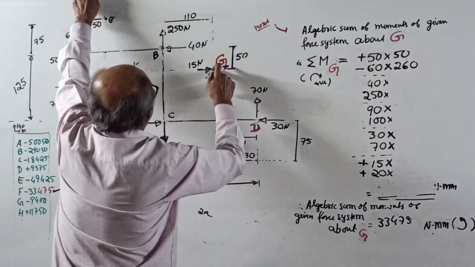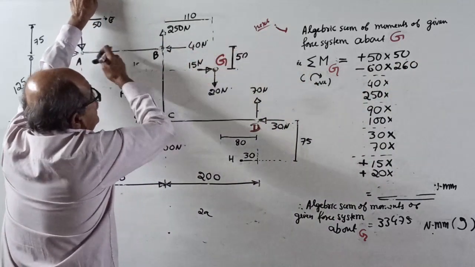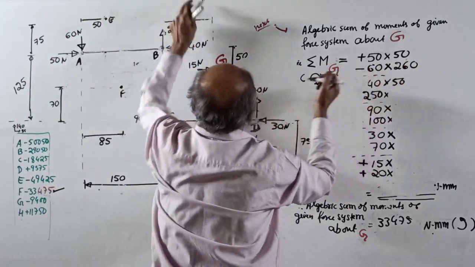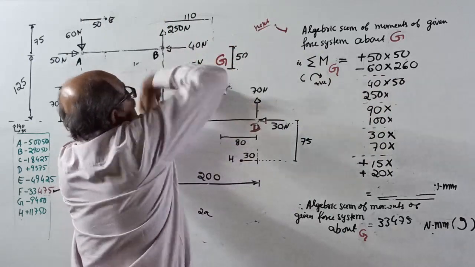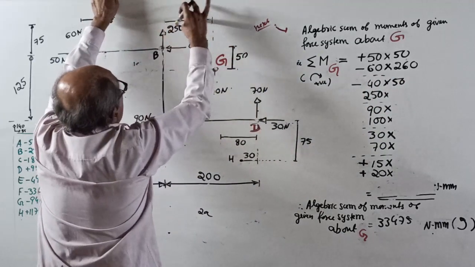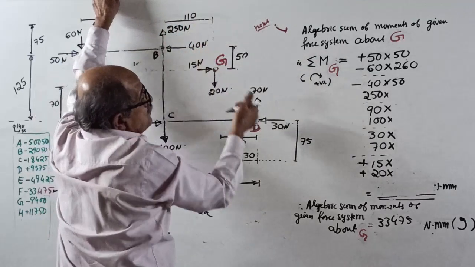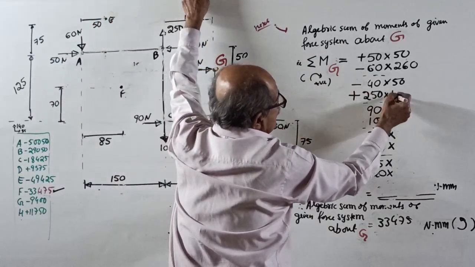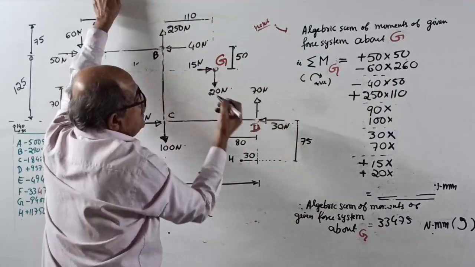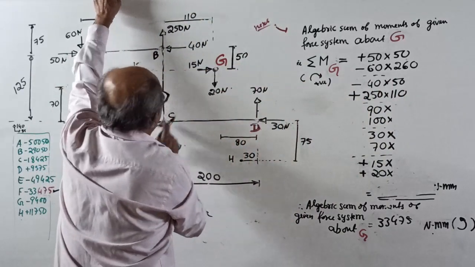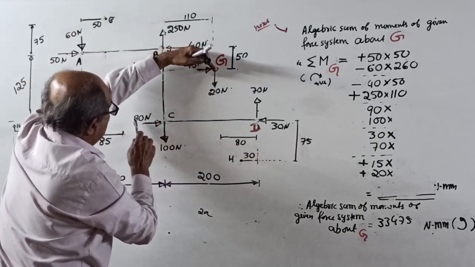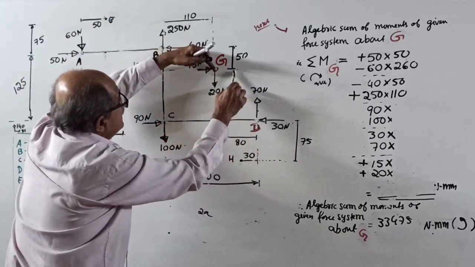About G, 40 into 50, anti-clockwise. 250 into 110, clockwise. 15 into 0, that's here. That's 90 into, see, about this point, 90 into this distance.